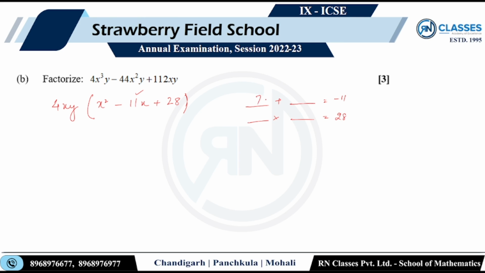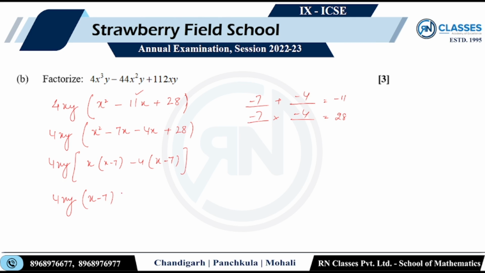So 7 4s are 28, और यहां पे minus, so means both have to be negative. This is given to be 4xy, x square minus 7x minus 4x plus 28. 4xy, x common, x minus 7, minus 4 common, x minus 7. 4xy, x minus 7 into x minus 4.